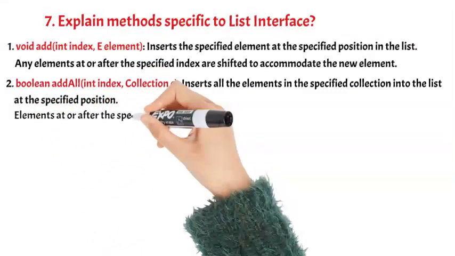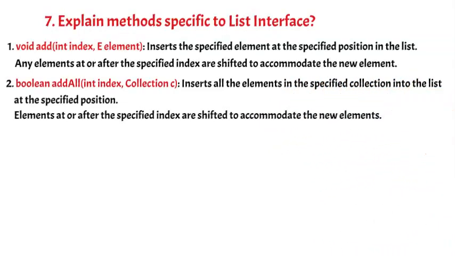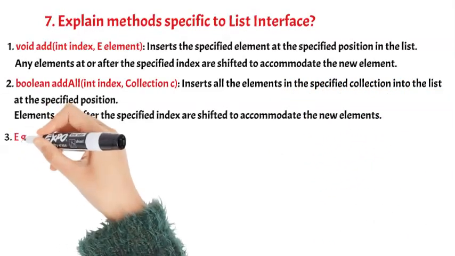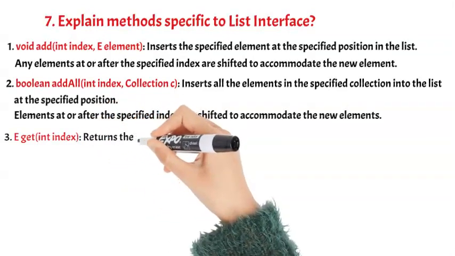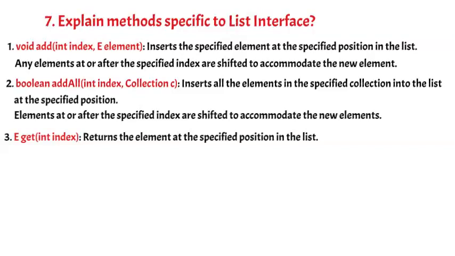Elements at or after the specified index are shifted to accommodate the new elements. 3. get(int index) returns the element at the specified position in the list.